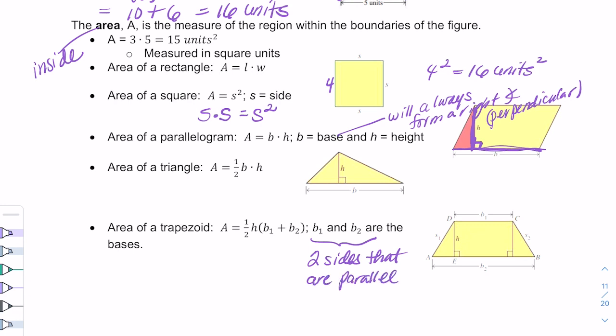So recall that parallel lines are two lines that are in the same plane that never intersect, right? So they're coplanar, they're in the same plane, they will never intersect. And if you look at side DC and you look at side AB, they're in the same plane, a flat surface, but they will never intersect each other. And then the height, of course, is always perpendicular or forms a 90-degree angle with the base.